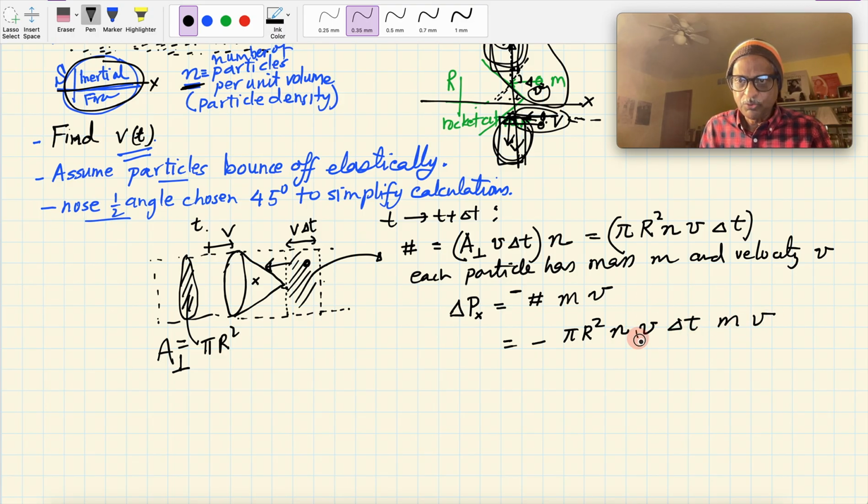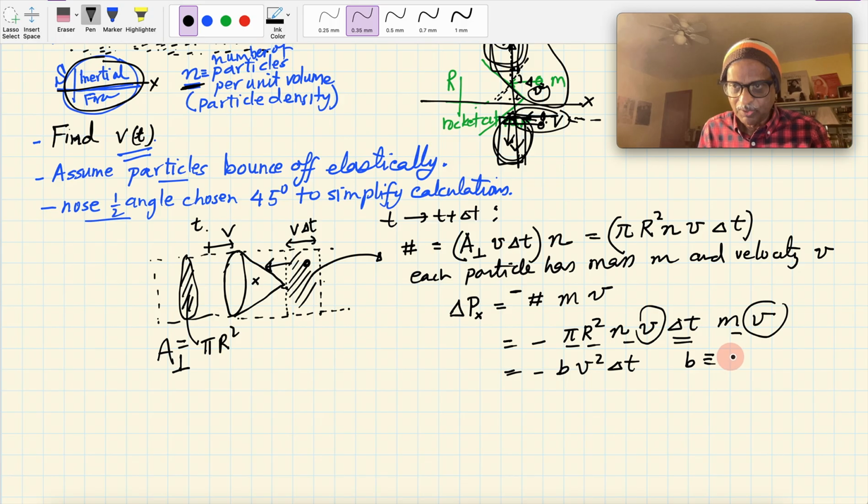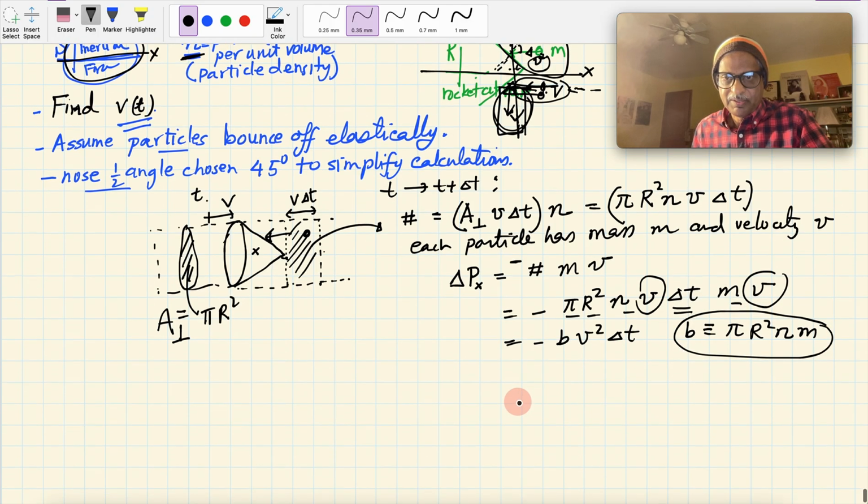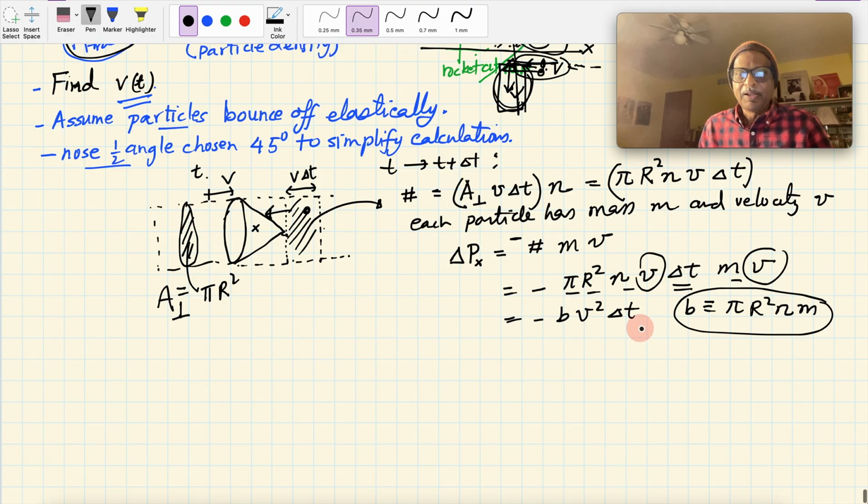So there are two factors of v, and all the rest are constant except this guy. So let's write down minus b v squared delta t, where b stands for pi r squared n m. All the constants together.